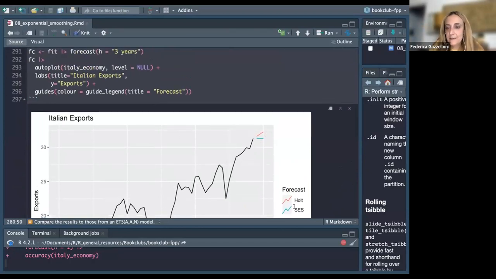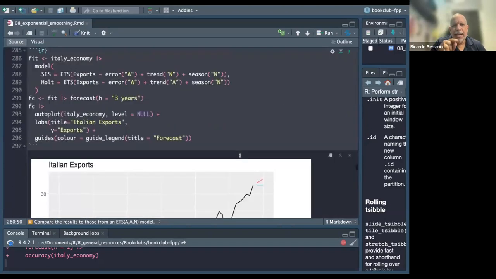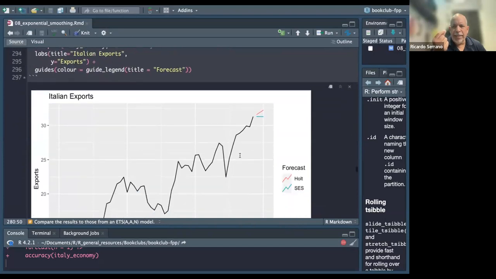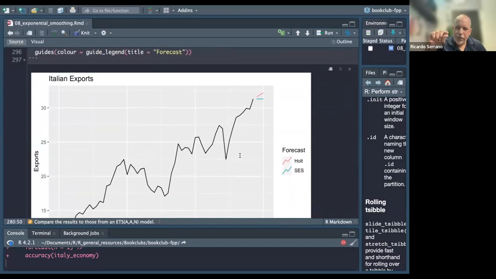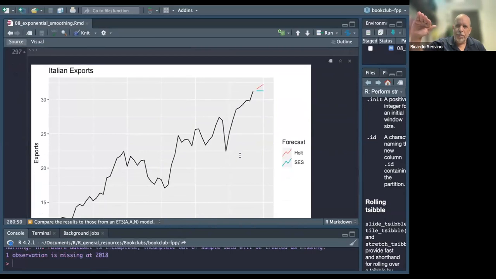The first one, the simple exponential smoothing, considers just the error, and here instead there is the trend component, which makes the difference. The second model, because it's adding the trend element as additive, is increasing the forecast by period, because that's the trend overall.